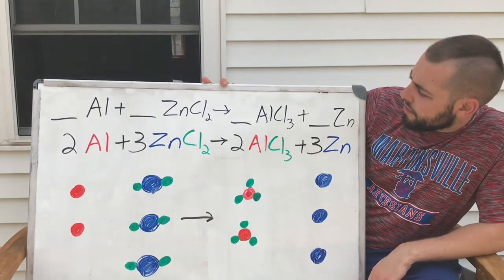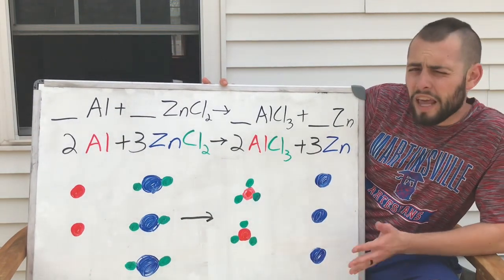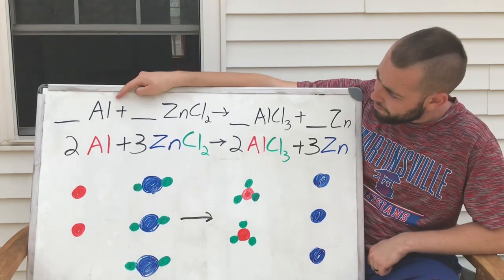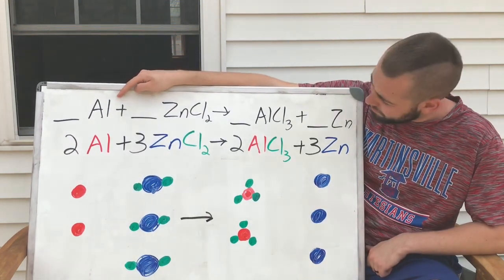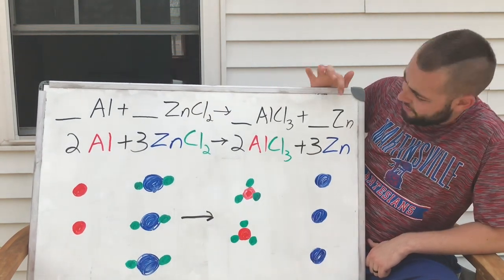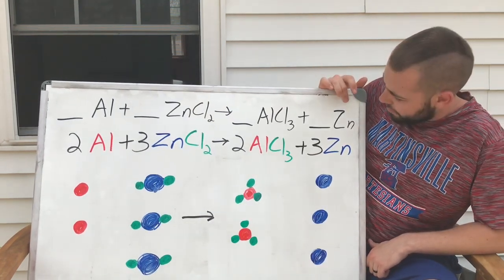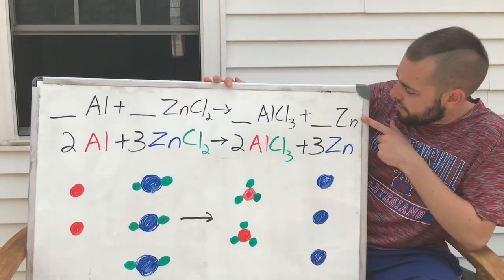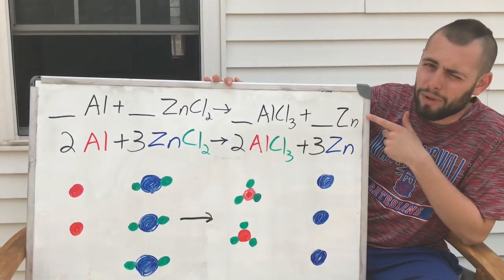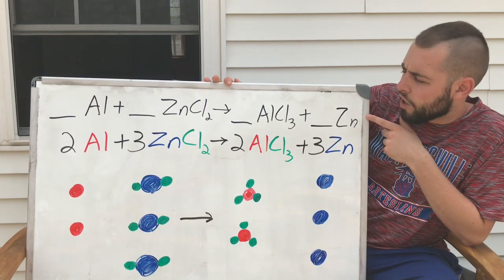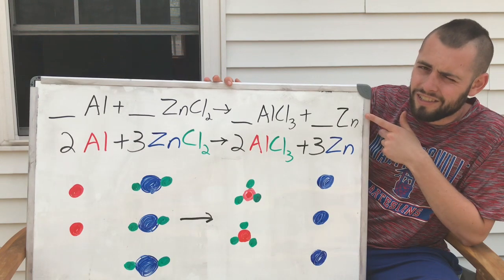So this is all showing the same reaction here on the board. I've got aluminum in its elemental form. It's reacting with zinc chloride to make aluminum chloride and zinc in its elemental form. The difference is that this top reaction that's all in black doesn't have any coefficients. We would call this an unbalanced reaction.